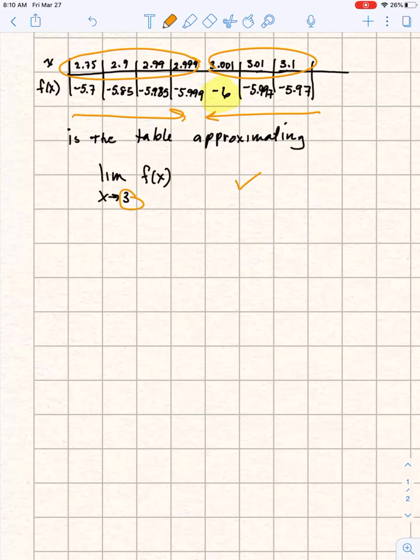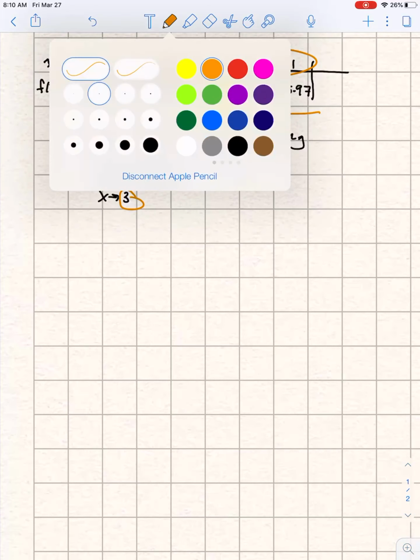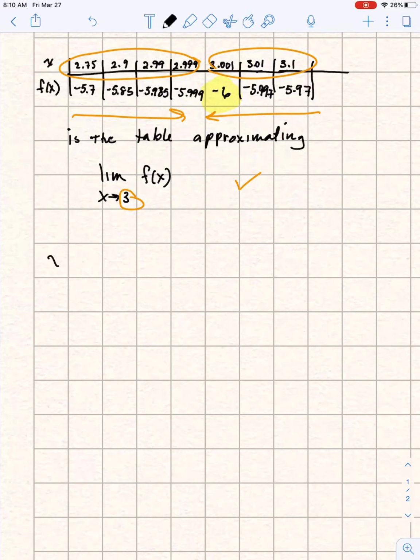And let's see another table, because I think the tables are a little confusing. So let's say you have x and f of x, and we do negative 0.1, negative 0.01, negative 0.001, and then you go to 0. And then on this side you have 0.001, 0.01, and 0.1.